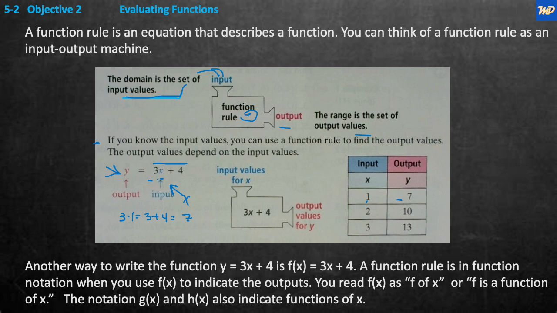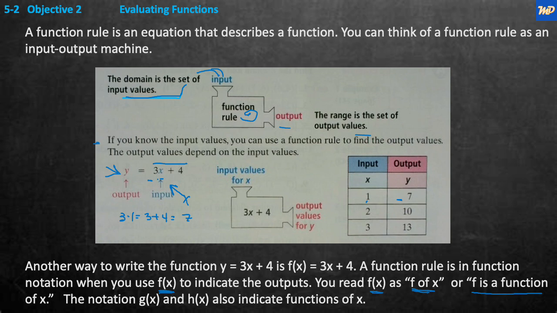A function rule is in function notation when you use f of x. It's pronounced f of x, to indicate the outputs. You read it just as I'm reading it to you now, as f of x, or f is a function of x.